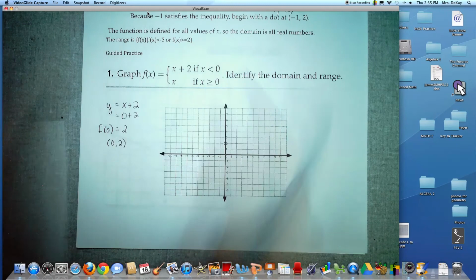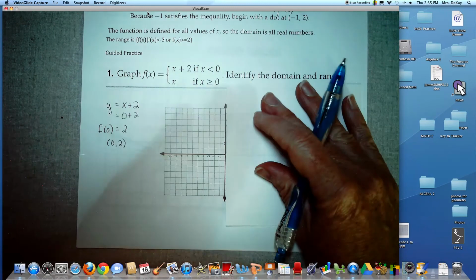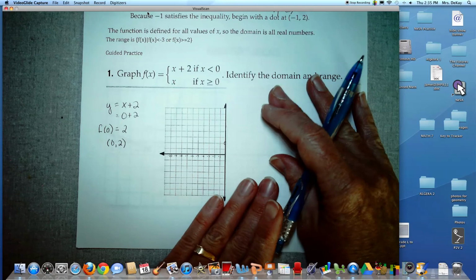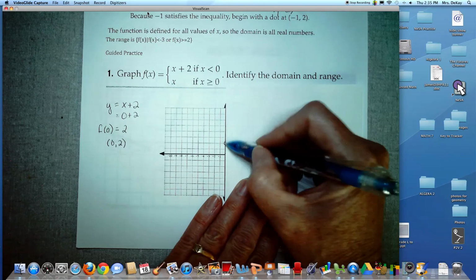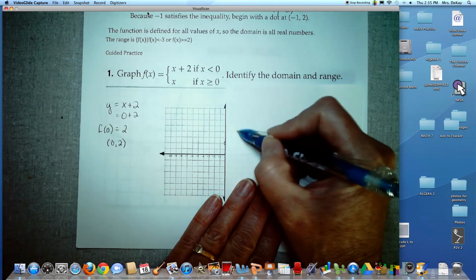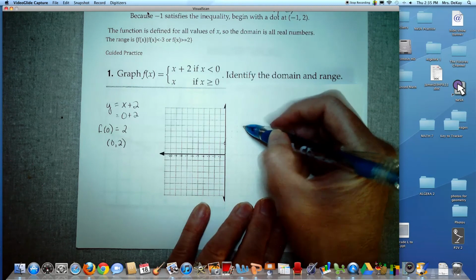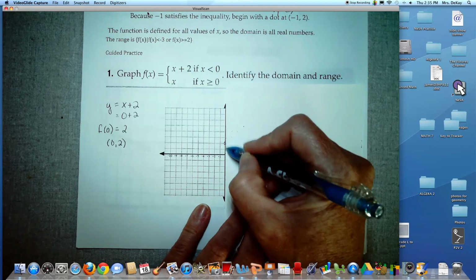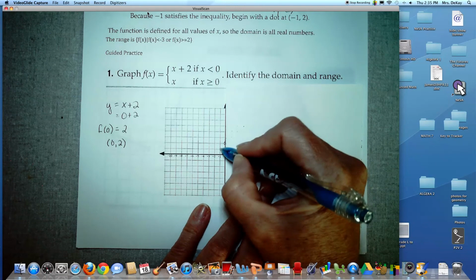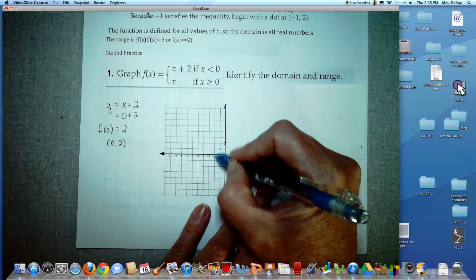So this stuff is happening over here. If I go 1 over 1, I'm not going to get anywhere. So I should go negative 1 over, down 1, negative 1, down 1, negative 1, down 1, negative 1.